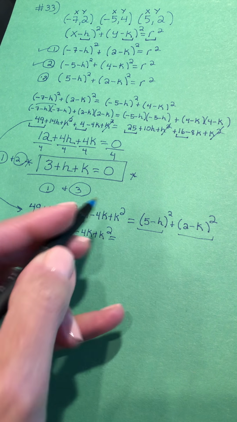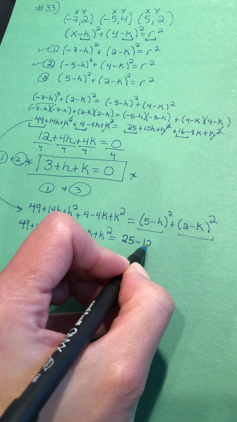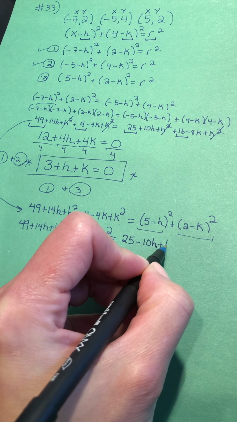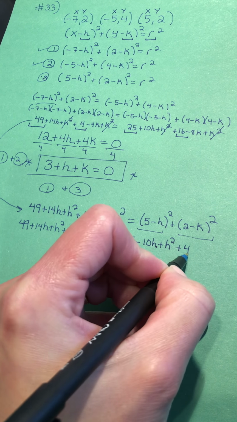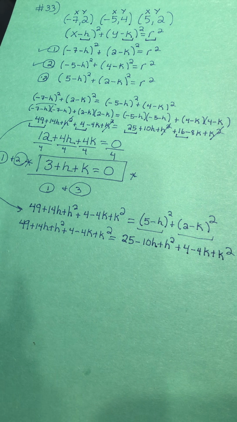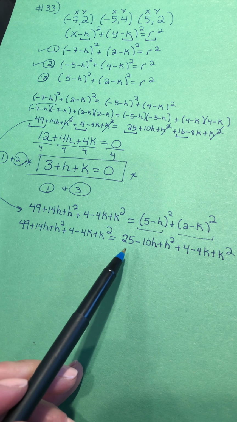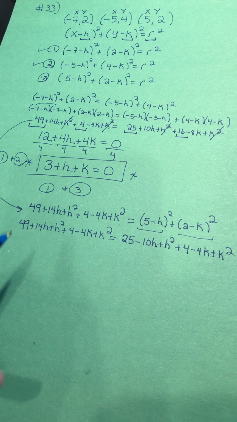You're gonna distribute and combine like terms. When you do that, you should get 25 minus 10h plus h squared plus 4 minus 4k plus k squared. And if you need to pause the video and just double check my math, I will not be offended. So make sure that you think that I did not make a mistake.